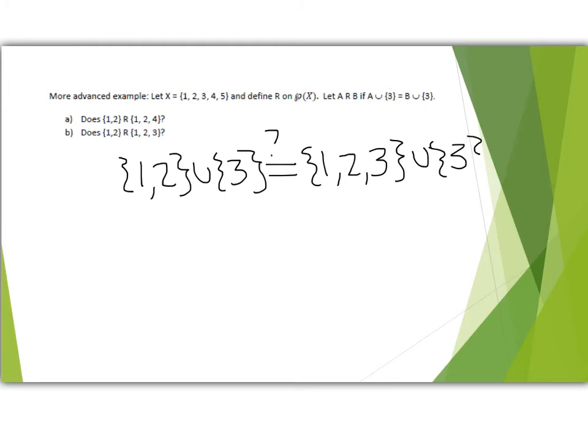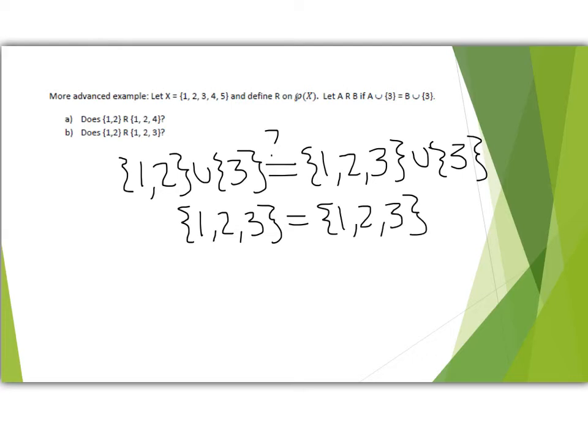And in this case, they are equal because the left-hand side is {1, 2, 3} and the right-hand side is {1, 2, 3}. And so in our digraph of this relation, we already know now that the subset {1, 2} is related to the subset {1, 2, 3}.